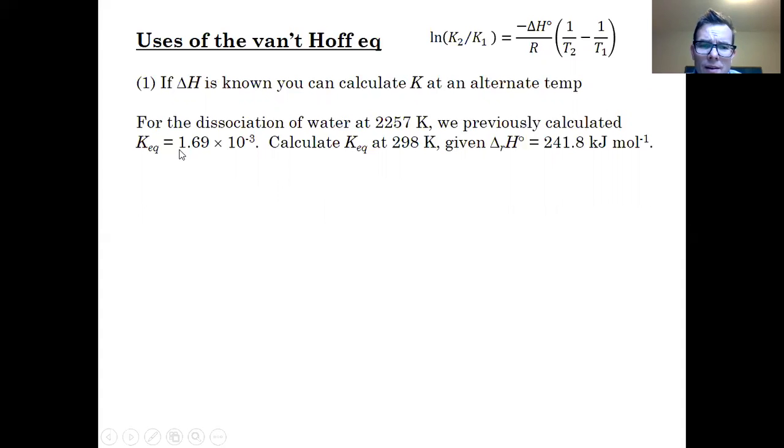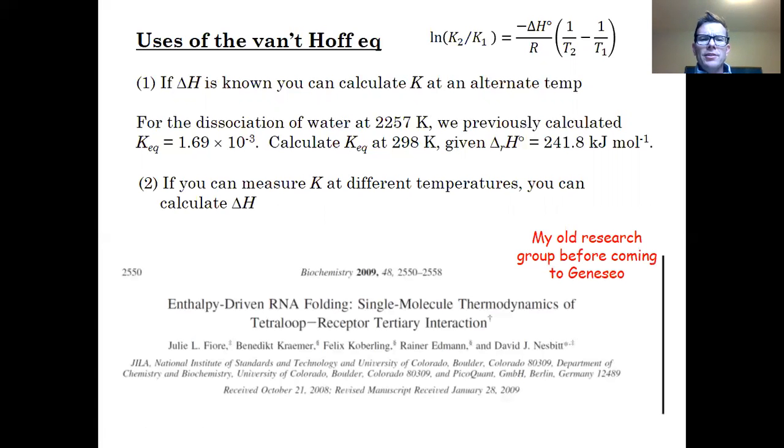So we previously calculated that at 2200 Kelvin, here was KEQ. Let's calculate the equilibrium constant at room temperature, given this delta H. We can do that. Here's the other use. If I know K1 and K2 at different temperatures, I can calculate delta H.